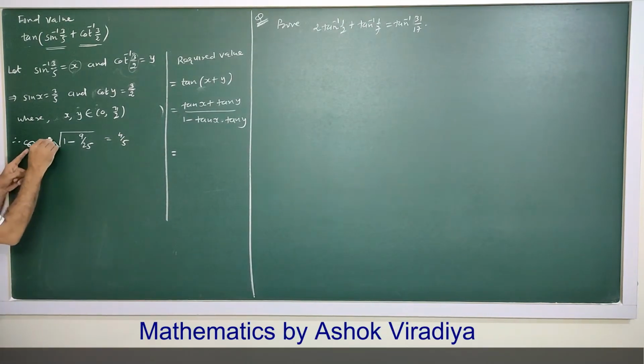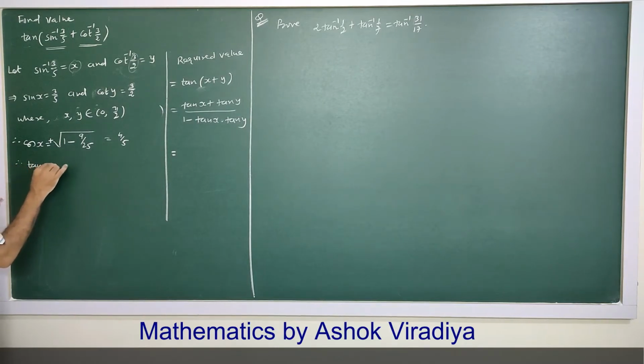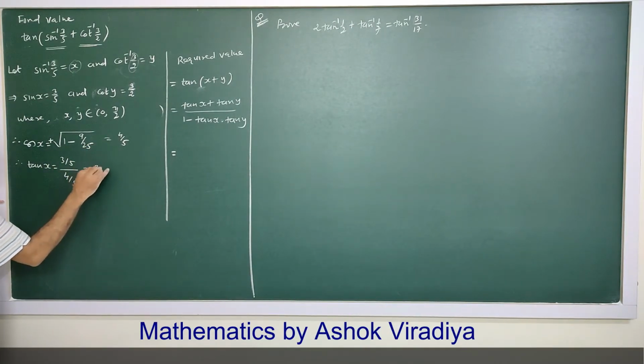We take the positive square root because x is in the first quadrant. So sin x is found, cos x is found. Therefore tan x is equal to sin x upon cos x, so it is 3 by 4.